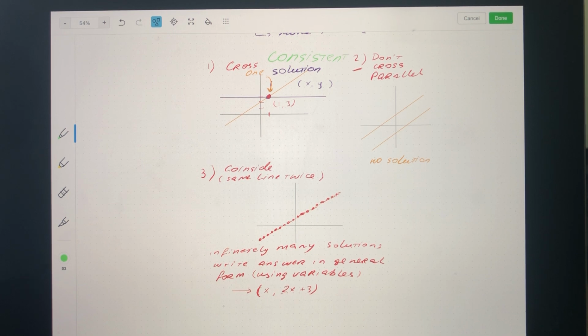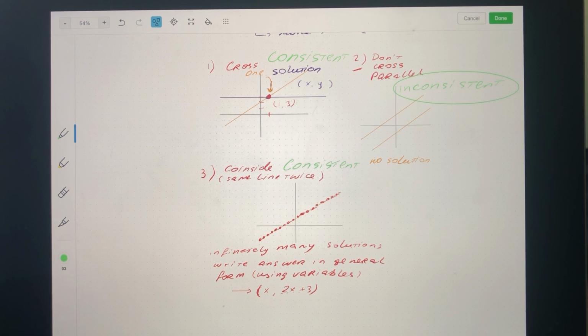So the first case is consistent. The third also is consistent because it has solutions, many solutions. Whereas the situation where the lines don't cross is called inconsistent. So no solution is inconsistent. The other two are called consistent.